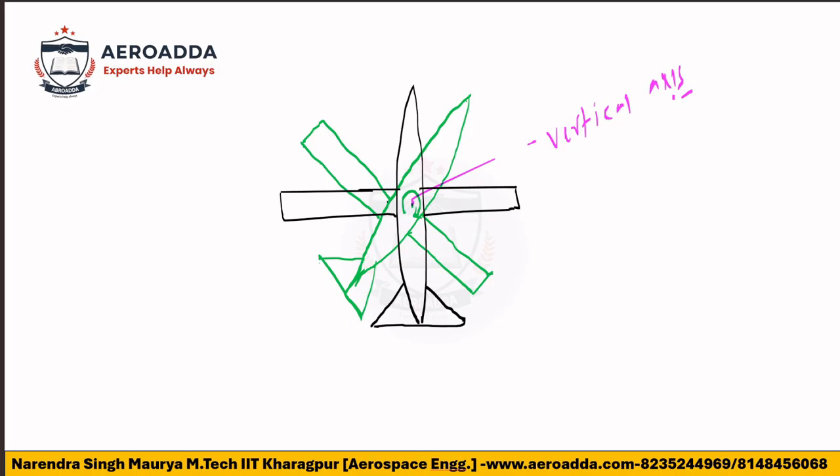About the vertical axis we will have a moment. See, this is the airplane, the top view. I don't know whether you are able to recognize it or not. This right side is nothing but the starboard, and this side is called the port wing. The left wing is the left side, and this is the right side. Please check it.